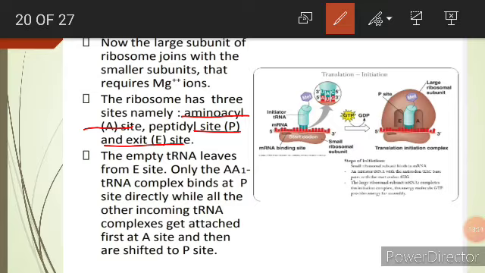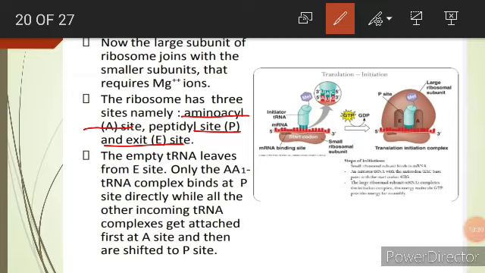So as mRNA gets attached to the smaller subunit of ribosomes in such a fashion, the initiation codon AUG gets attached or comes on the P site. As a rule, the second codon will always go on the A site.